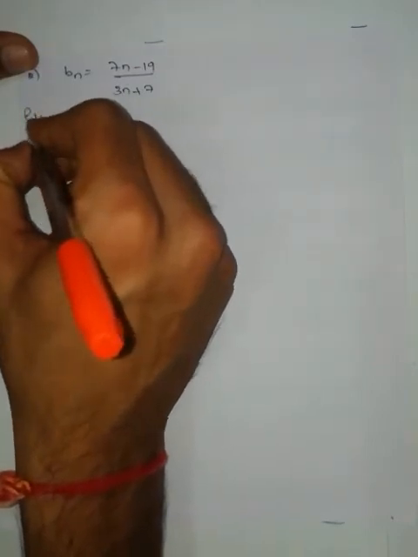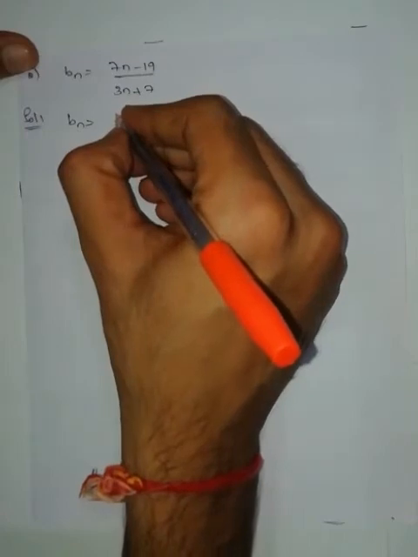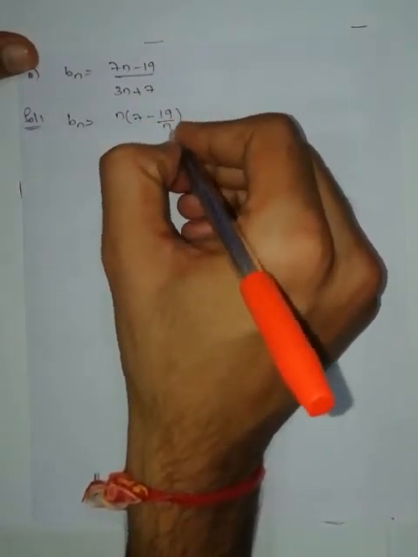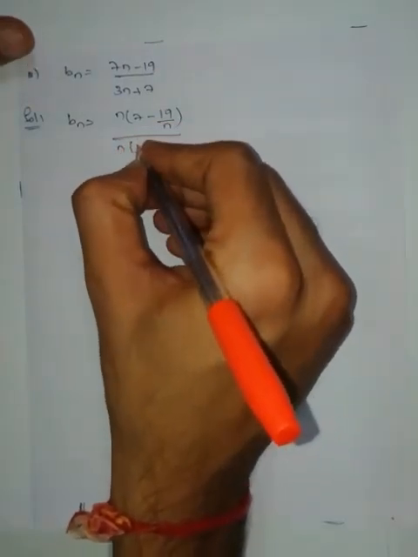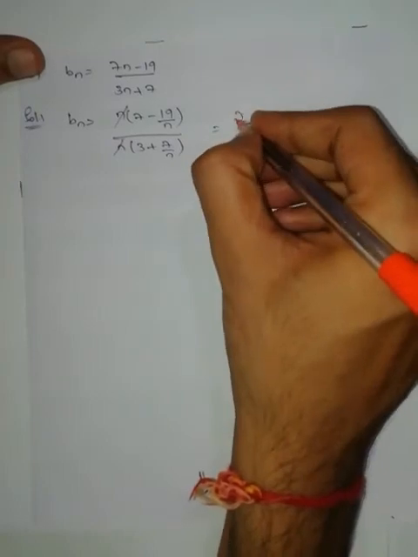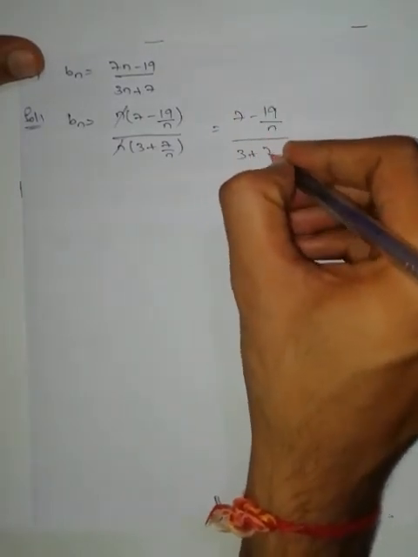Solution. Bn, I am going to take n common in the numerator, 7 minus 19 by n, and n common in the denominator, 3 plus 7 by n, n gets cancelled. 7 minus 19 by n by 3 plus 7 by n.